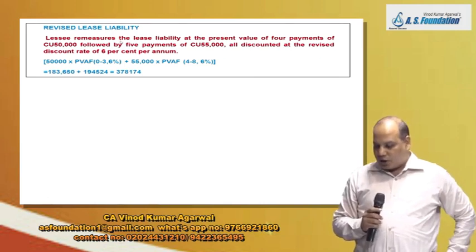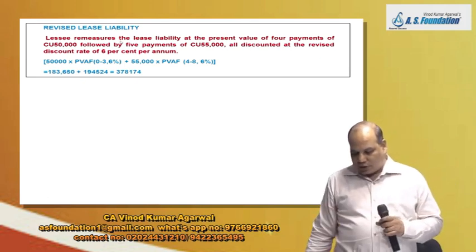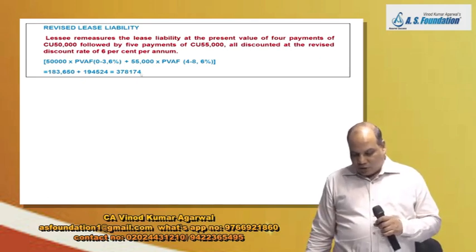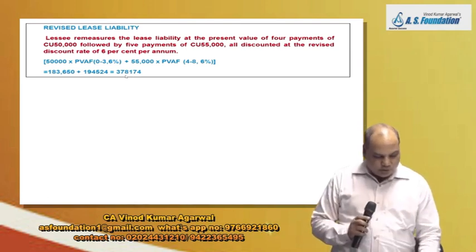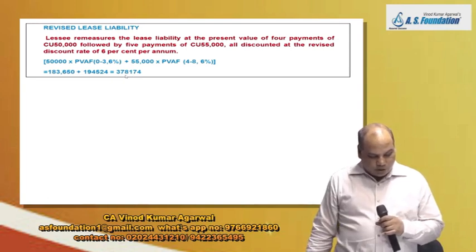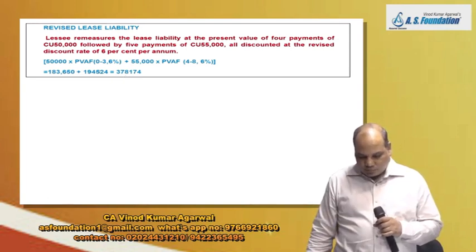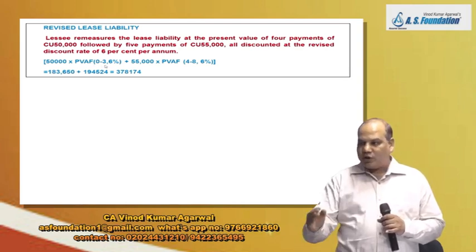Okay. So try on your calculator. This calculation, those who want to write can write down. How this number given in your book has come, 378,174. You should be able to read and interpret the problems. So take 50,000 into PV annuity factor 0-3, because 6 years are over.